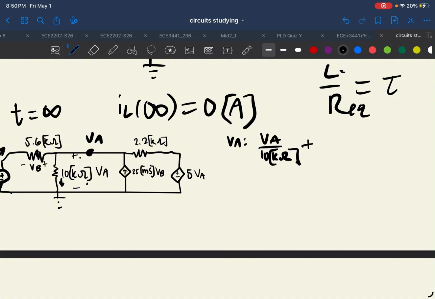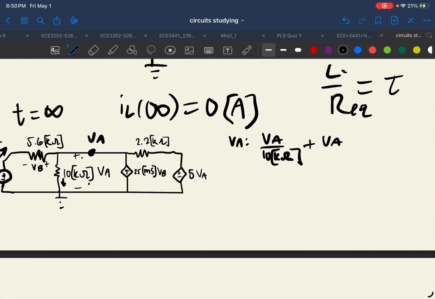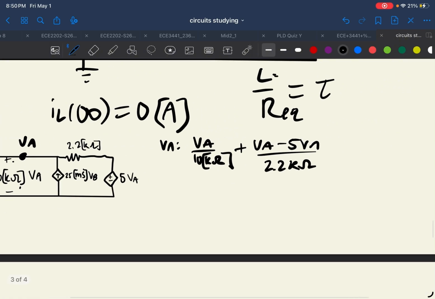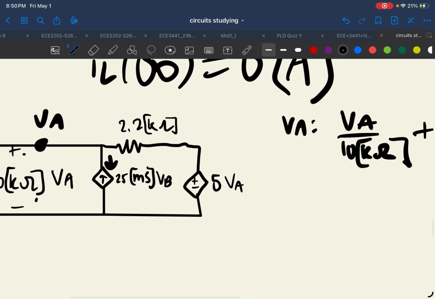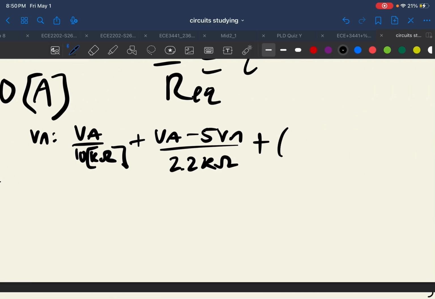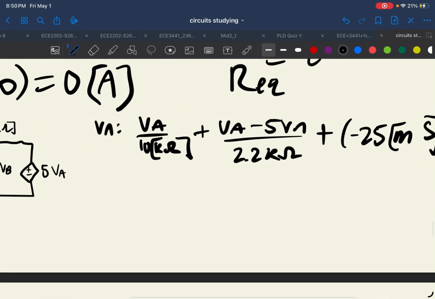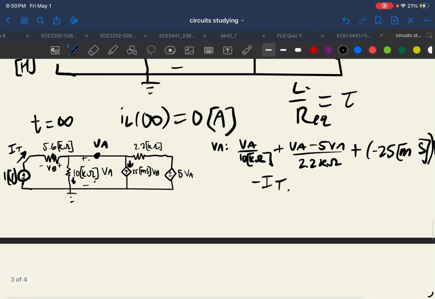Plus VA minus 5 VA because it's a voltage drop right here, and that's going to be over 2.2 kilo ohms. Plus, this is opposing, so it's actually going to be negative 25 millisiemens VB. And negative IT because it's also going the other way. Okay.